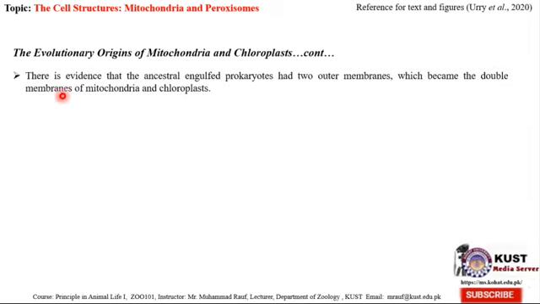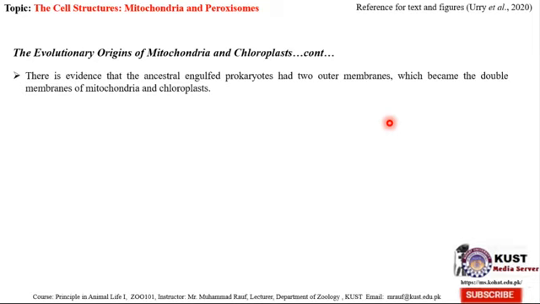Now, there is evidence that the ancestral engulfed prokaryotes had two outer membranes. So the ancestral cell of the eukaryotes itself was a double membrane structure, the starting cell which engulfed the other cell.